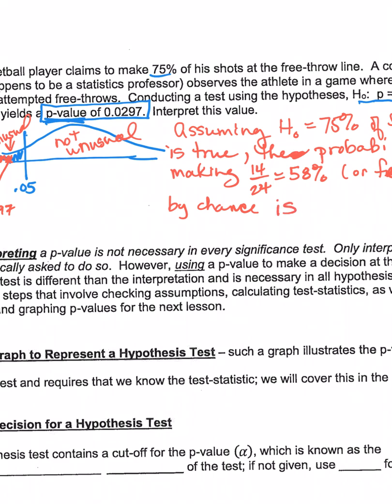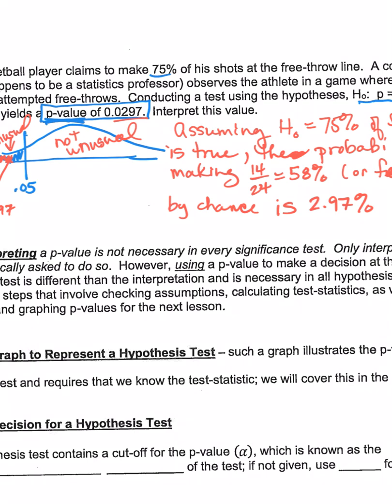Is 0.0297. Okay, so that's a percentage, isn't it? It's 2.97%. That's what that p-value means. It means he has a 3% chance of only making 14 out of 24 free throws. Statistically speaking, if we run this as he usually makes 75%, he has a very low probability of only making 14 out of 24, doesn't he?